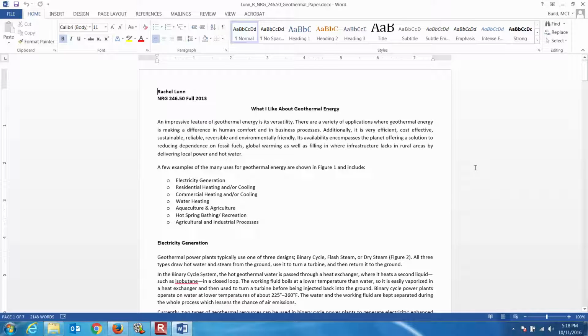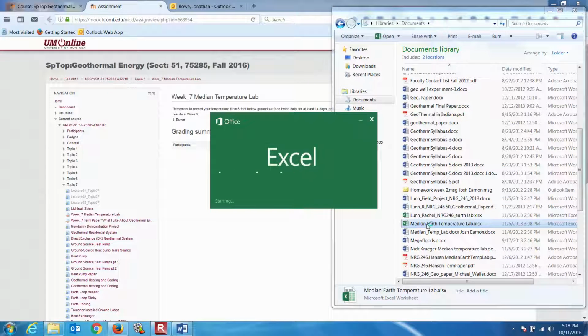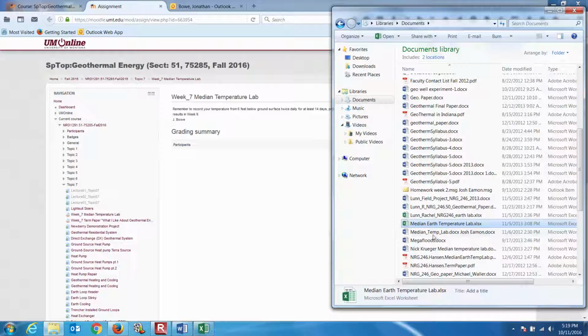Excuse me, what I like about geothermal, this is the paper, so let's take a look back here. We want to look at her lab results. Median temperature lab. Some of her initial data in her Excel sheet.